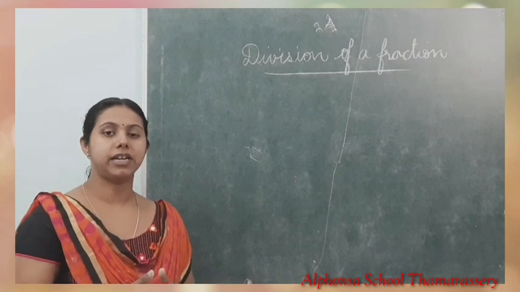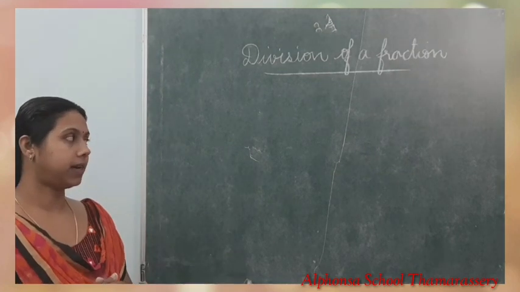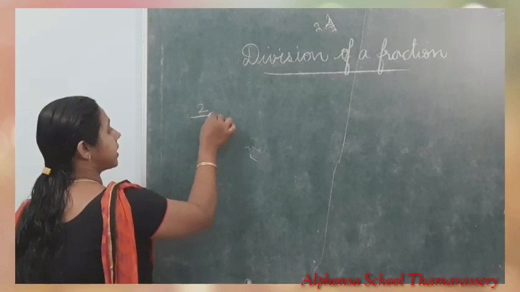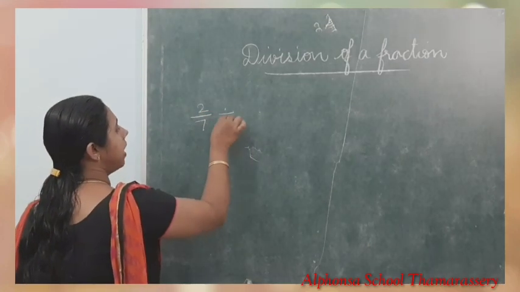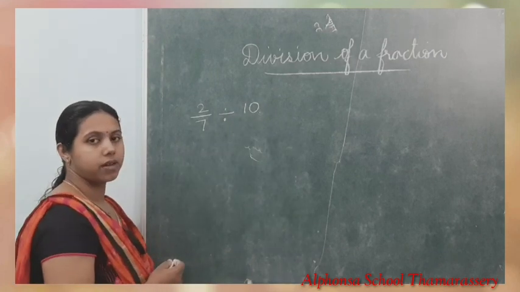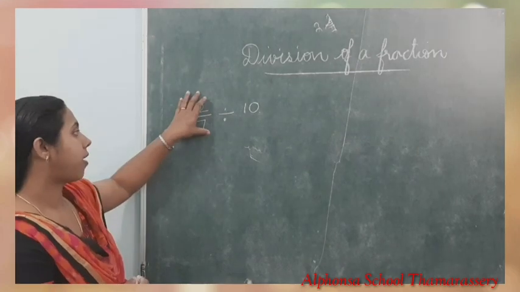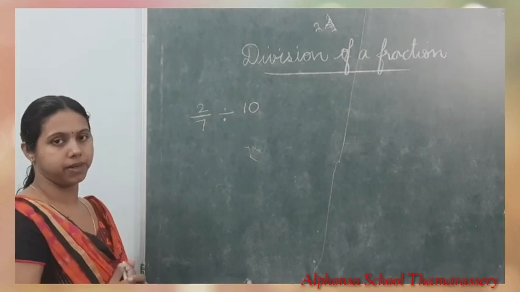Next we can see the division of a fraction by a whole number. For example, 2 by 7 divided by 10. A fraction divided by a whole number.